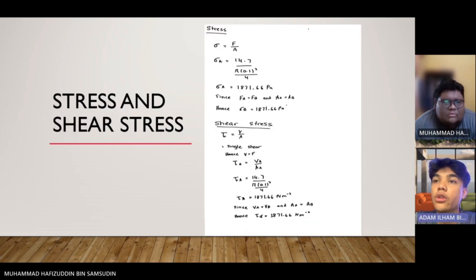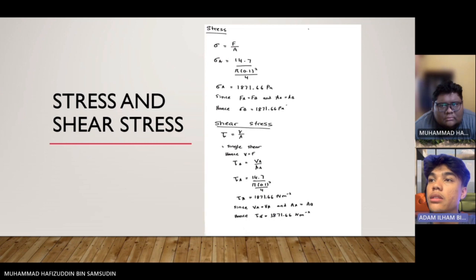Alright. And then for the calculation of stress and shear stress, the first one is stress. Stress has a formula which is force divided by area. So the stress for A is 1871.66 Pascal.